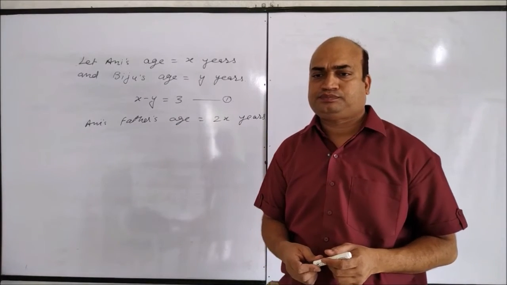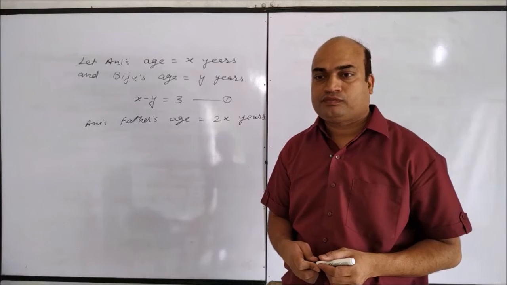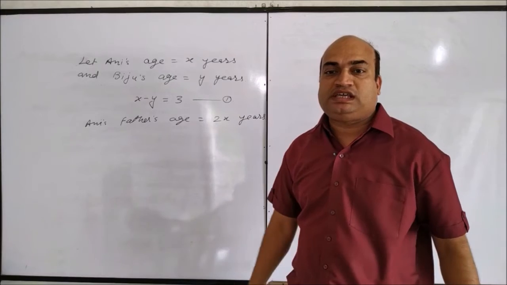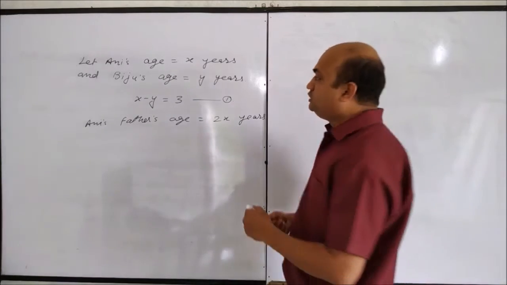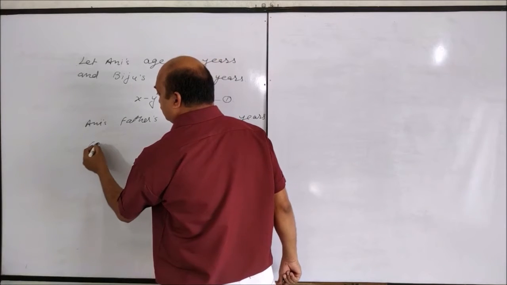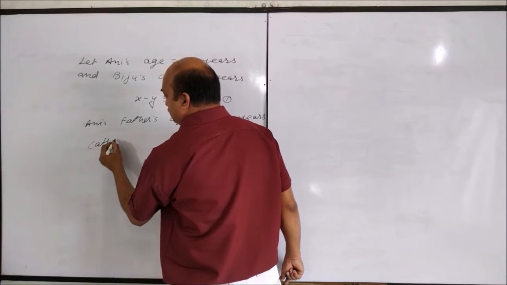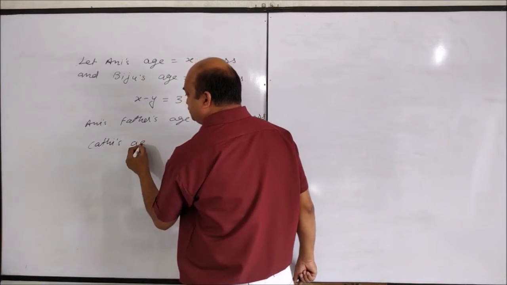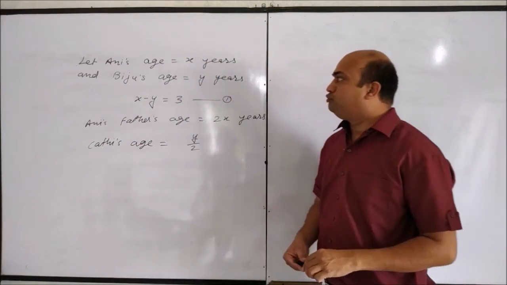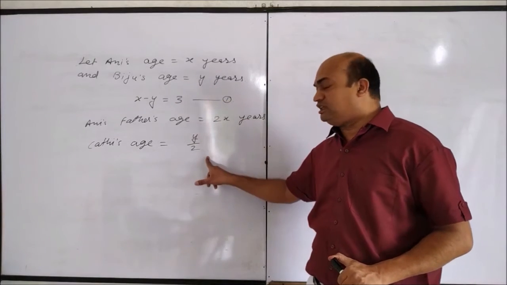And Biju is twice as old as her sister Kathy. So what was Kathy's age? Kathy's age is y by 2 because Biju is twice than Kathy.